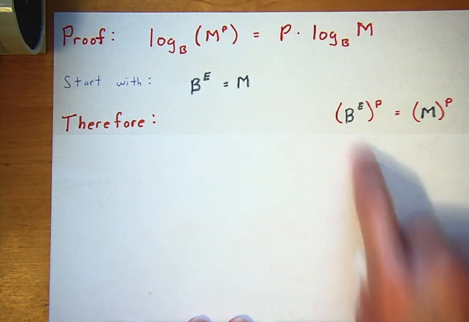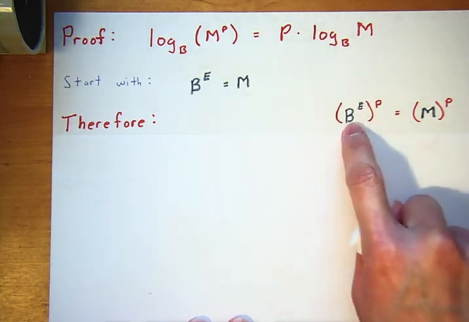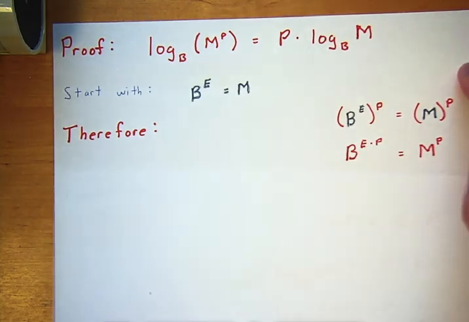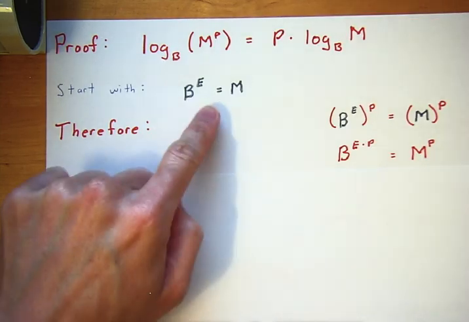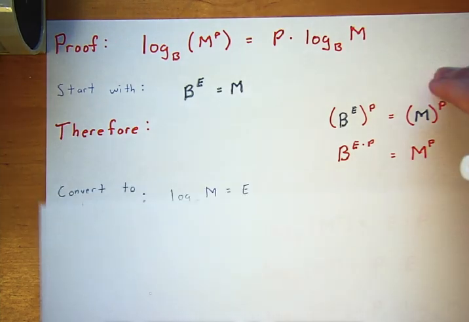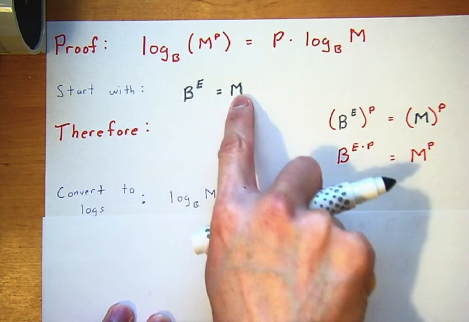Using our exponent laws, this right here is equal to B exponent E times P. At this point, I'm going to convert this into a log and that one into a log. So this one converted to log, log base B of M equals E.